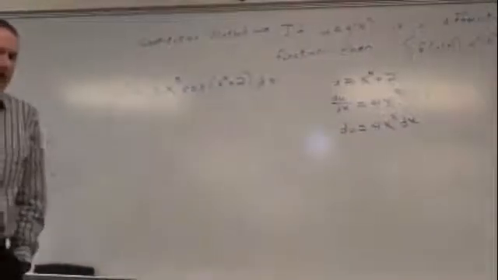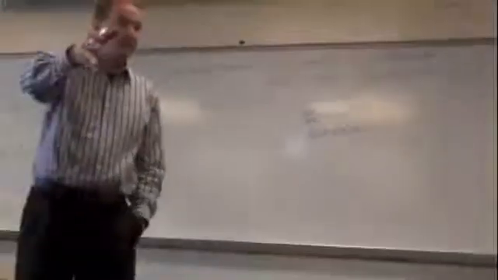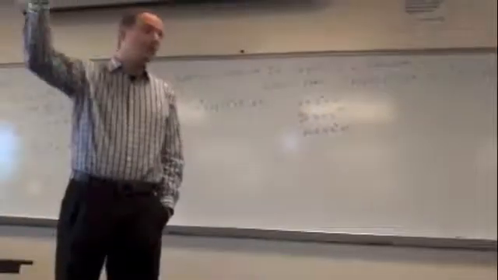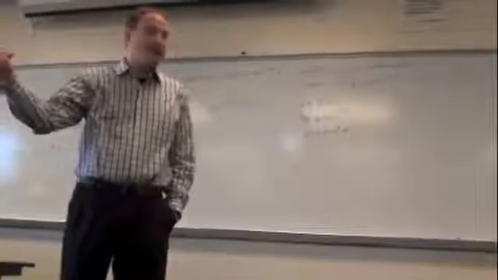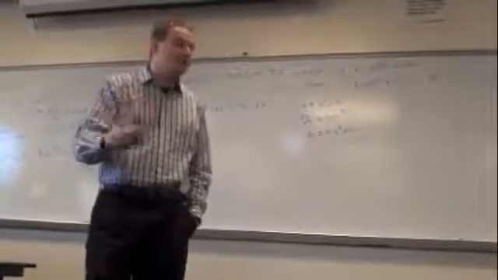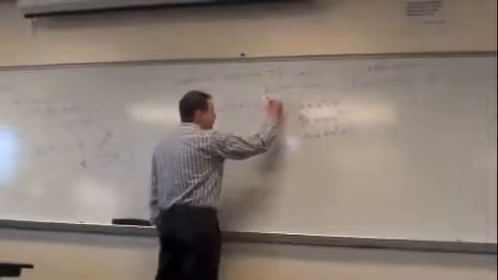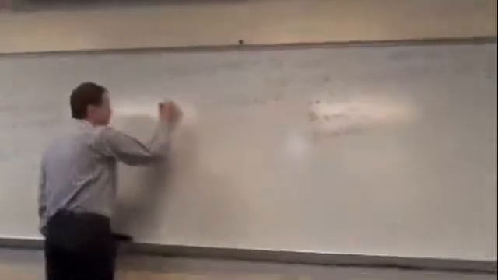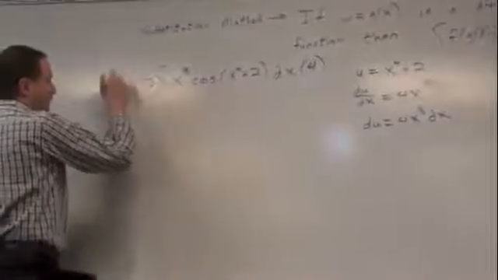You can always multiply by a constant on the inside if you multiply by the opposite of that on the outside. And in fact, in order to save yourself some work on your paper, it's probably better if you just go ahead and do this instead of having to rewrite the whole thing.